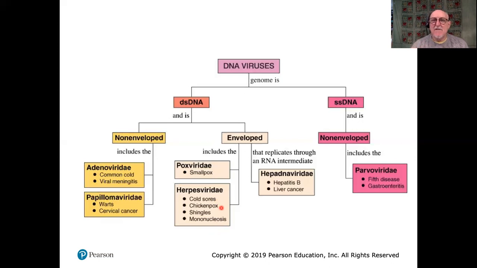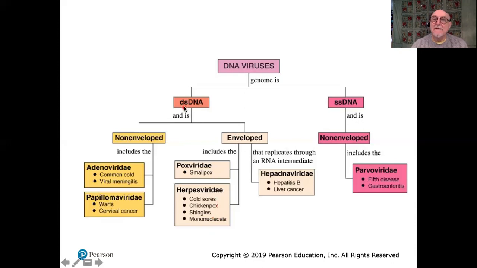Then various other diseases, you might have heard of mononucleosis, for example. This is also a herpes virus. There are many different diseases caused by herpes virus. It's a very, very large group. Depends on the herpes virus that you're talking about as to the disease it causes.